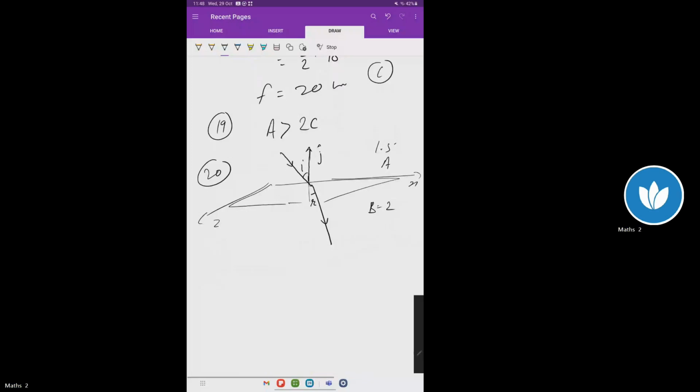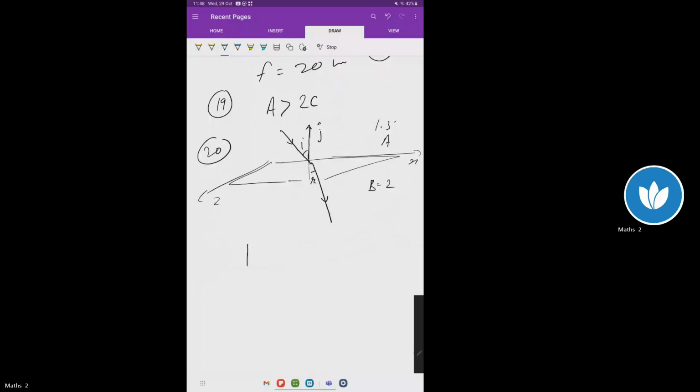So incident direction D1 cap cross normal direction into refractive index N1 is equal to N2 into direction of reflected cross normal direction.